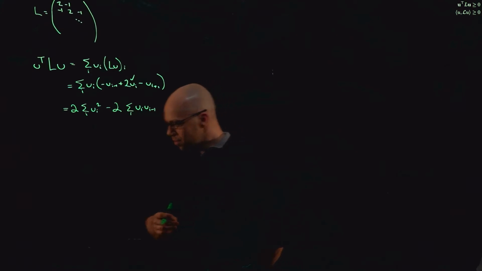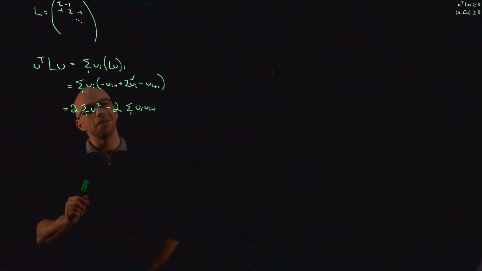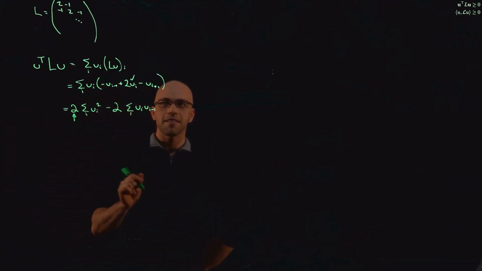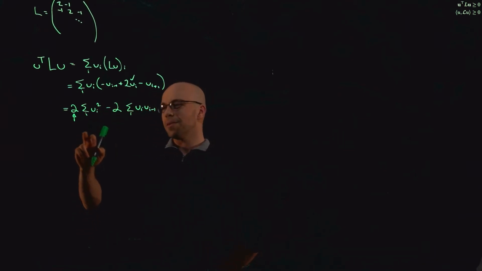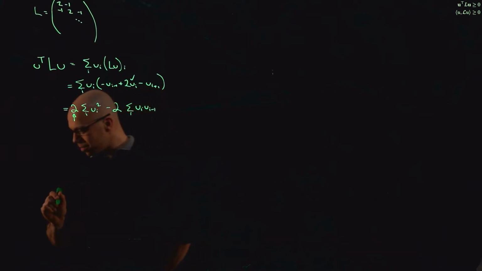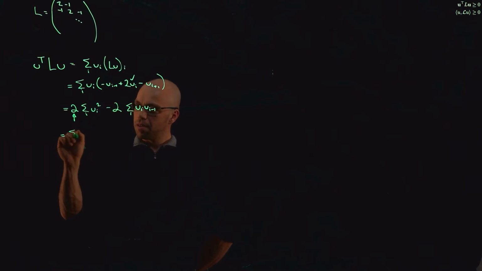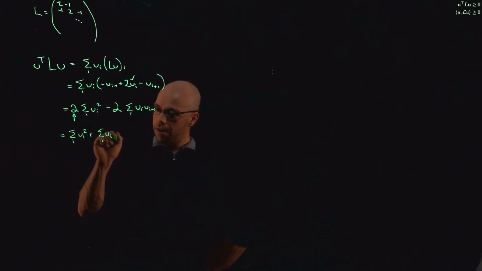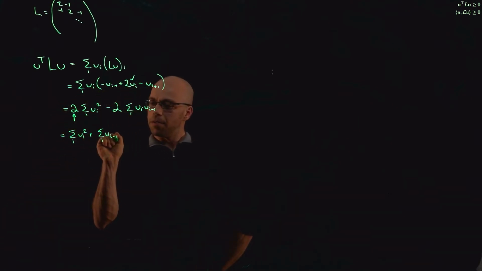Okay, so now we're in pretty good shape. In fact, what we're going to do is kind of sneaky. We're going to take this 2 here, and we're going to write this sum in two different ways. One of them is going to be the sum of Ui squared. The next one is going to be the sum of Ui minus 1 squared. So this is really equal to the sum over i of Ui squared plus the sum over i of Ui minus 1 squared.